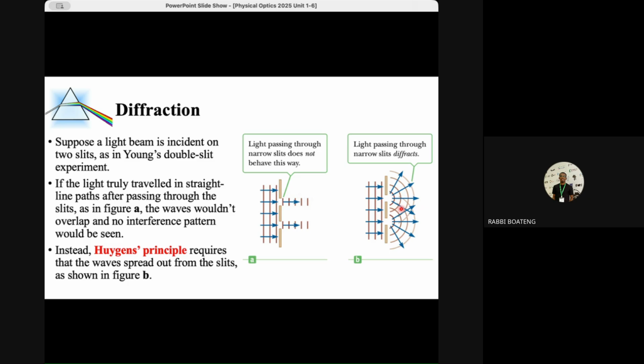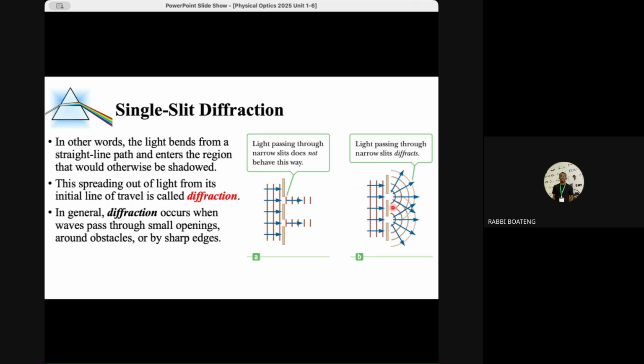Is that okay? And this is what we call diffraction. Diffraction is particularly when light encounters a small hole or aperture and, at the end of the day, spreads away. Is that okay? So light doesn't enter a hole and continue straight. Light enters a hole, but this is what happens. Now, this is what you call diffraction.